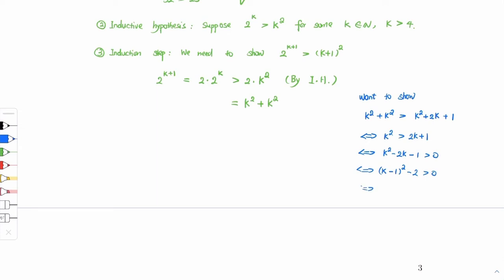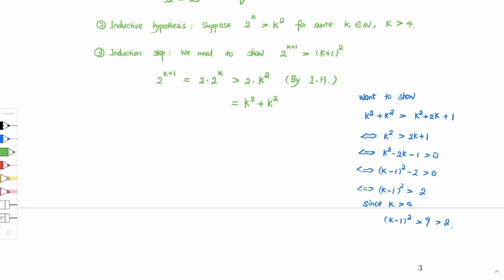So this is the same as k minus 1 squared is greater than 2. Hopefully I didn't make any computation error. Let me just check. Plus 1 minus 2 is minus 1. Yeah. Anyway, since k is greater than 4, k minus 1 squared is going to be greater than 3 squared, which is 9, which is greater than 2. So this is true.